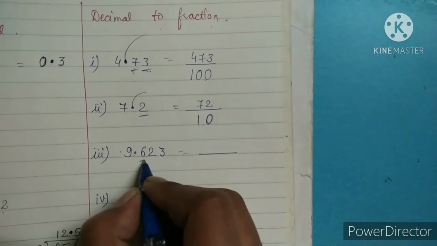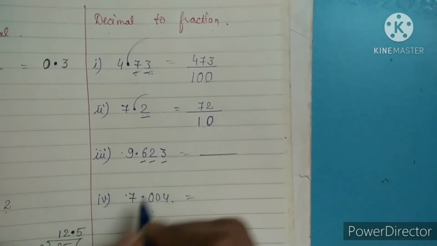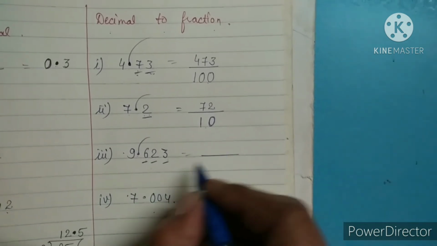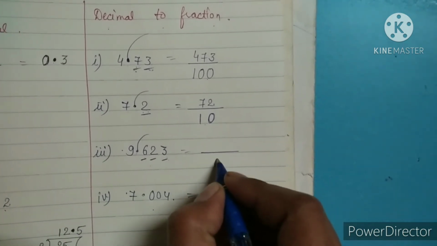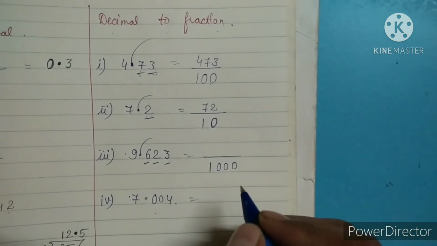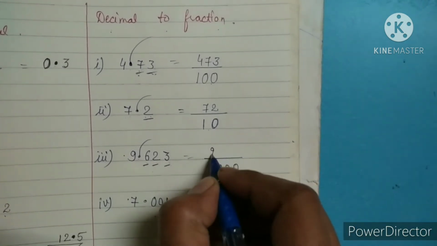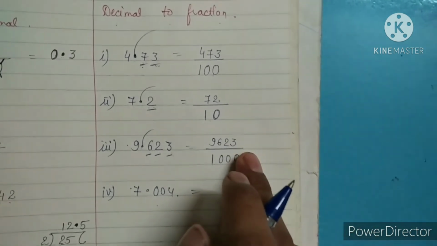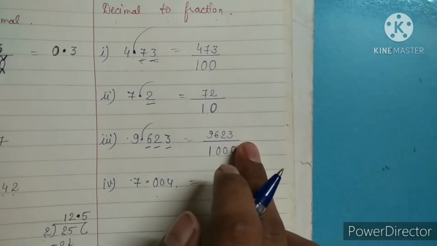After the decimal there are 3 places, so if I remove the decimal, 3 zeros will come with the 1, that is 1000, and 9623 will remain here without the decimal.